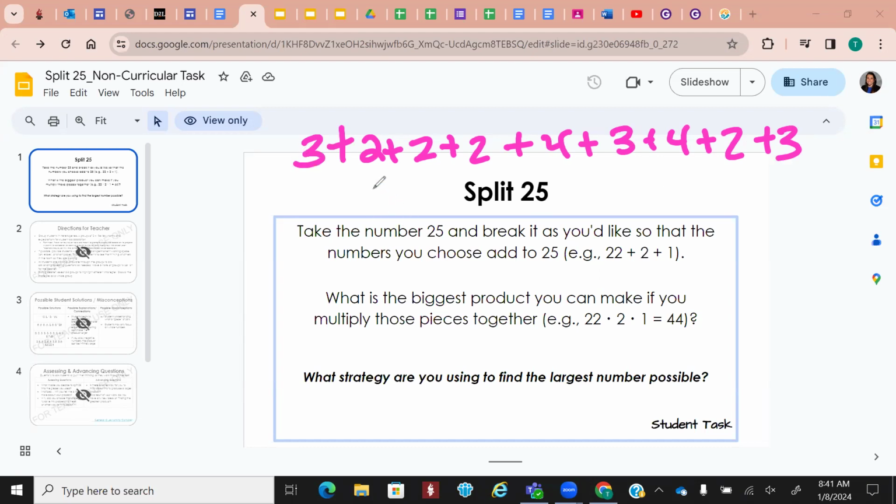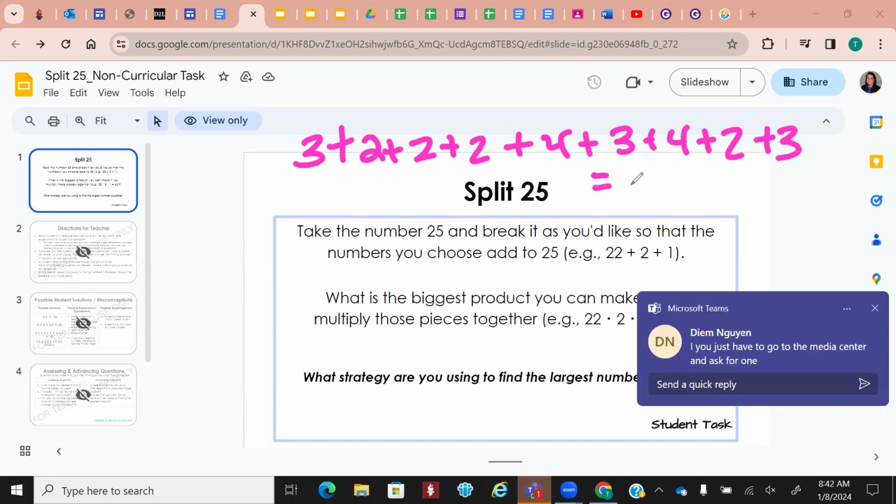Okay, so this would be 3 plus 2 is 5. 5 plus 2 is 7. 7 plus 2 is 9. 9 plus 4 is 13. 13 plus 3 is 16. Then 20. And 2 plus 3, 25. Okay, so then when you multiply that together, what'd you get? 6,912. Okay, anybody beat that one?